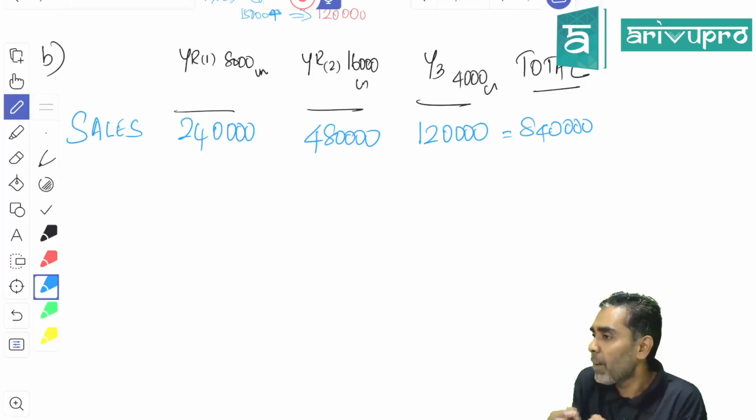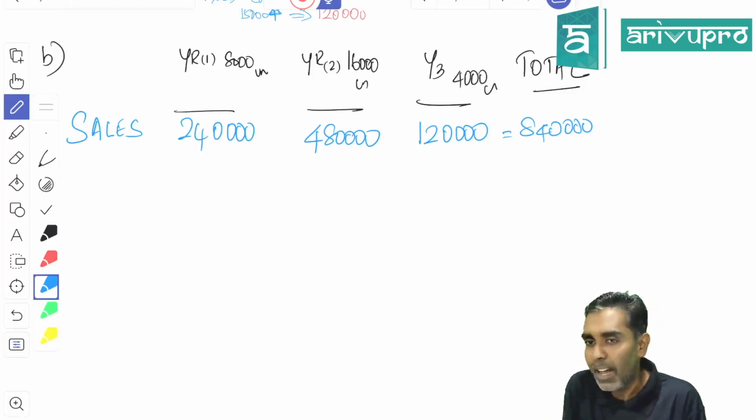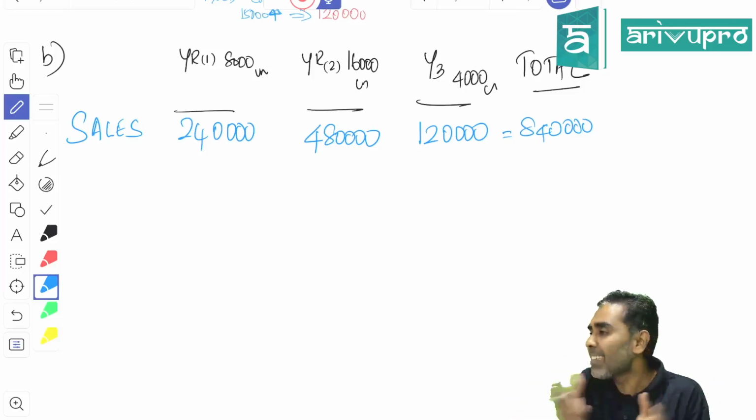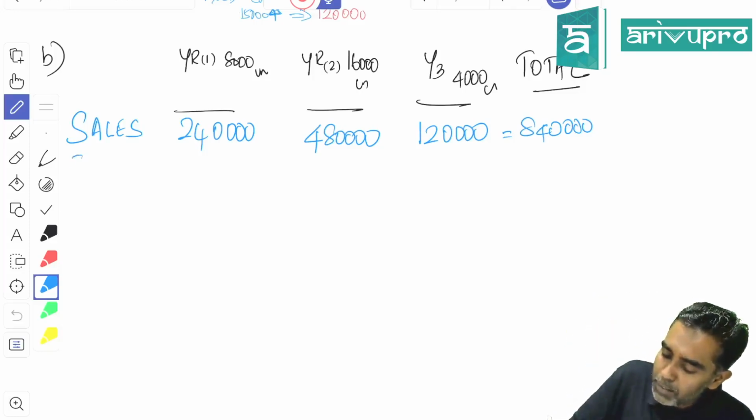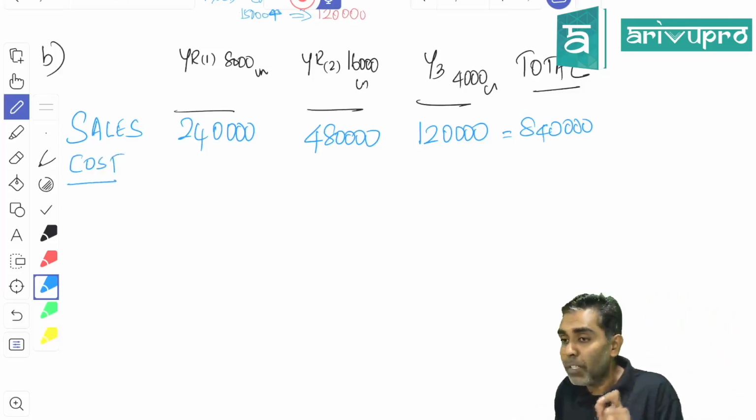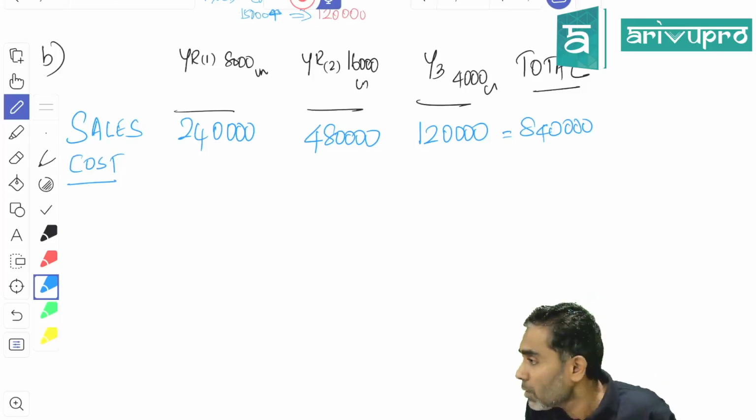Can you go with the parrot approach? Am I correct? It is very, very simple. Basic stuff. Sales value equals sales units times selling price. Now we have to deduct all the expenses, the cost. In management accounting, the first part of the cost is variable cost.